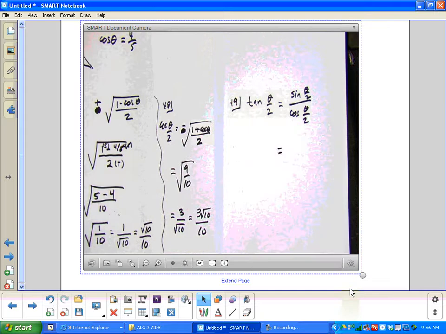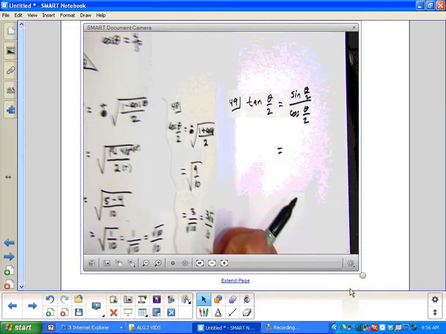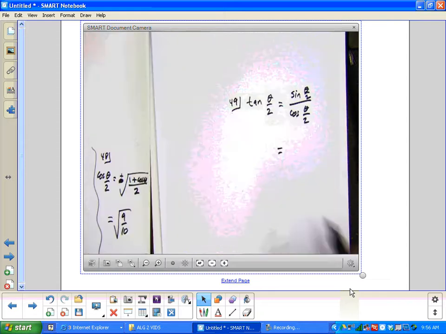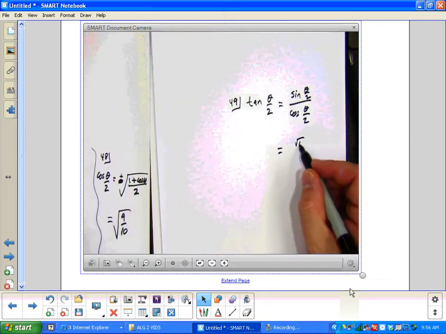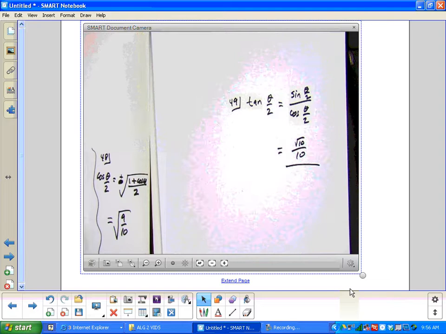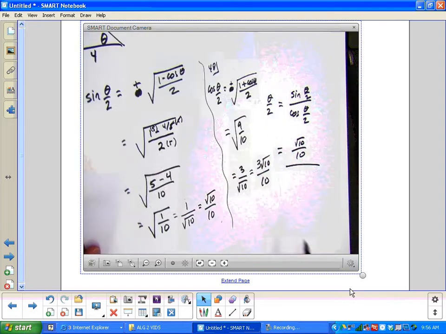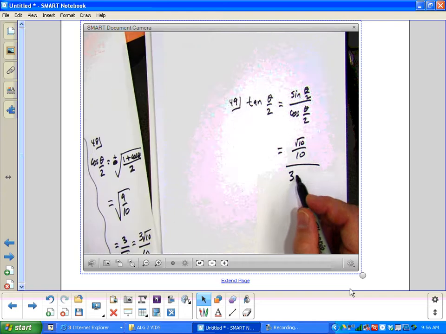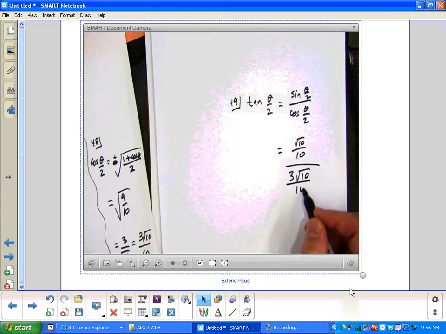So let's look back. What do we get for sine theta over 2? Yes, square root of 10 over 10. And then what was the cosine here? 3 square roots of 10 over 10.